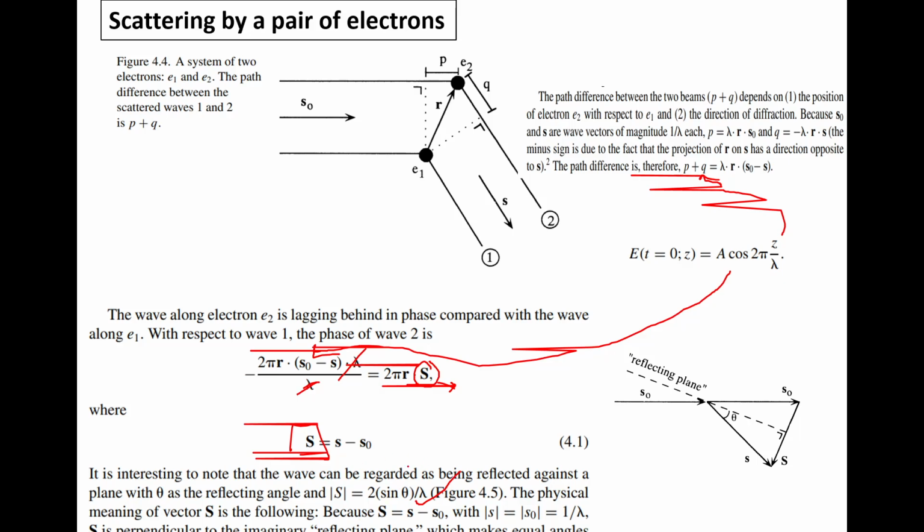Okay, so what is the relation of this 2 sine theta by lambda? You see, this will actually lead to our Bragg's law. We will be coming to it in the next slides.